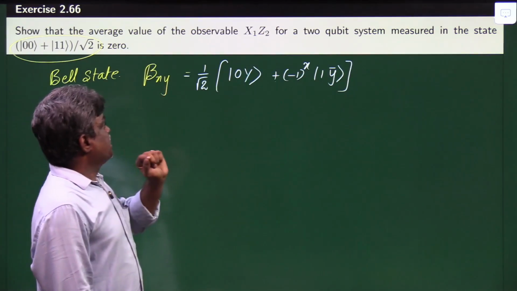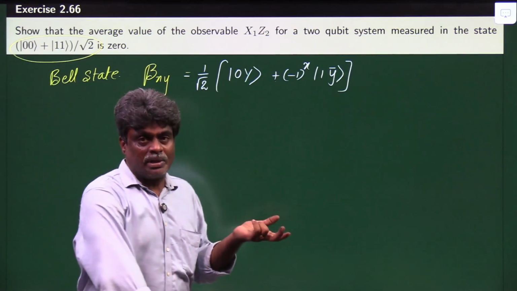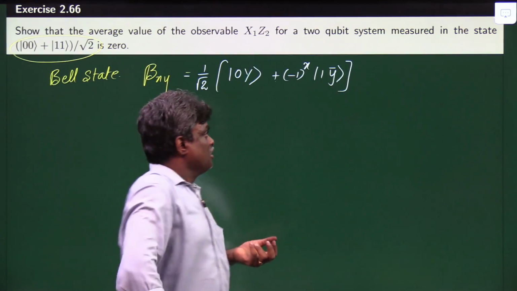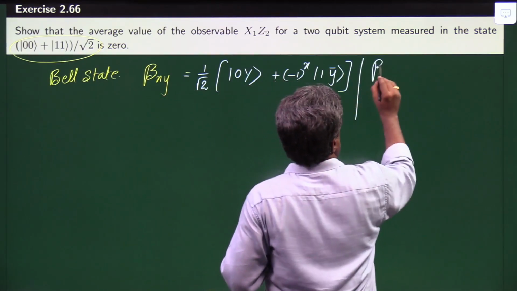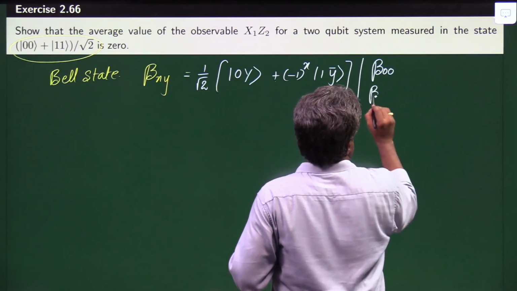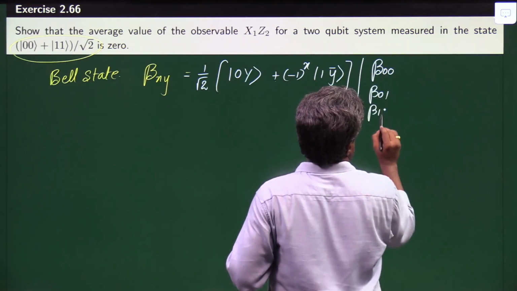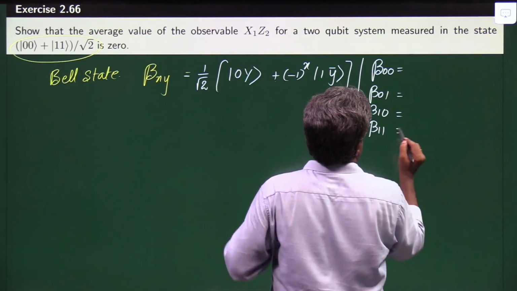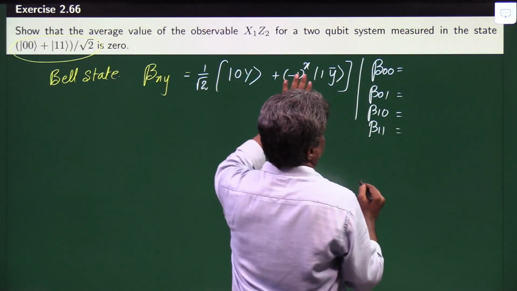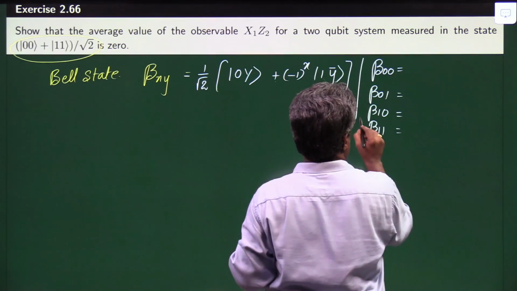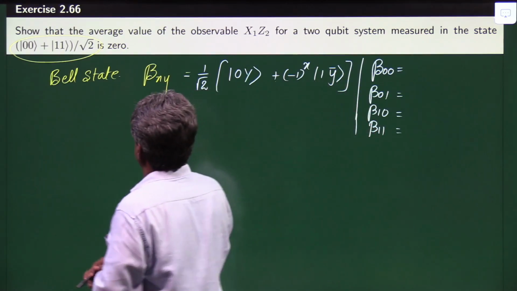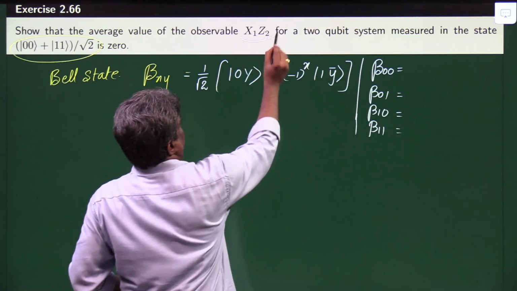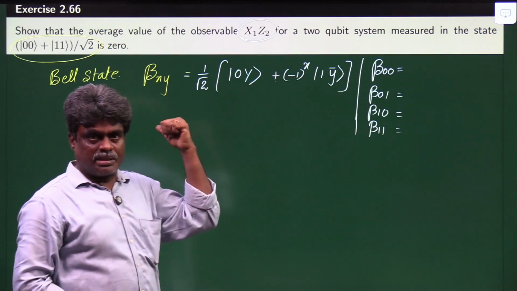By changing these indices, because of 2 qubits, we have 0 0, 0 1, 1 0, 1 1. So you will get beta 0 0, beta 0 1, beta 1 0, and beta 1 1. I request you to substitute x and y here and get these 4 states. Now come to this. Here they are asking the expectation value of x1 z2 on this Bell state.